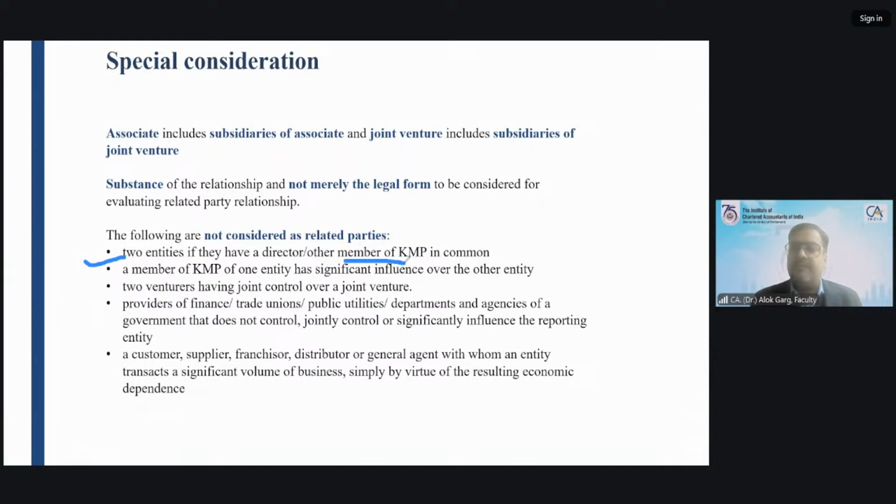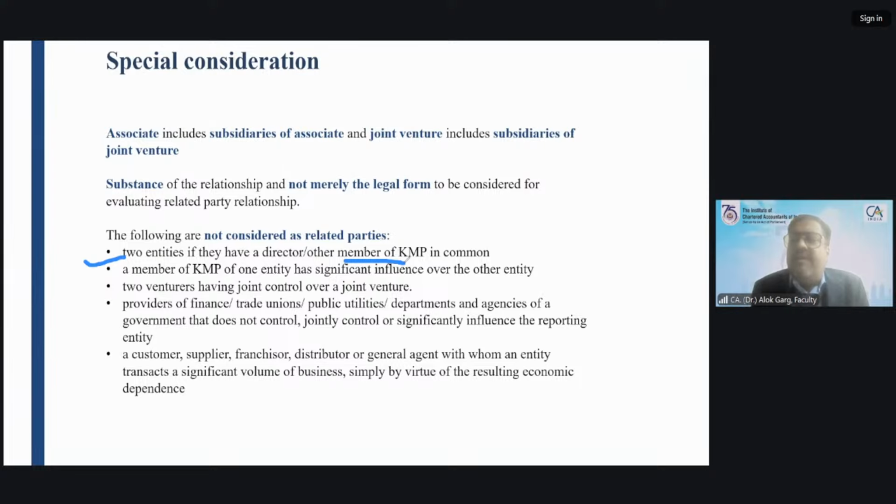Right? Yes, sir. Right. So let's say if a person is director in one entity and director in another entity also, like you have seen, a person could be a director in 7 companies, 10 companies. There are limits as per Companies Act of independent directors, right? Yes, there are, sir.